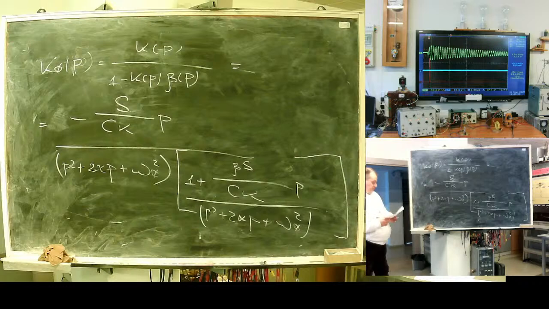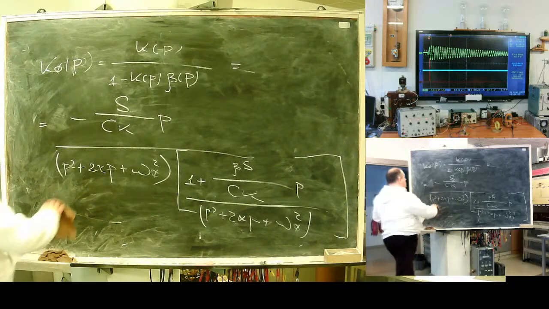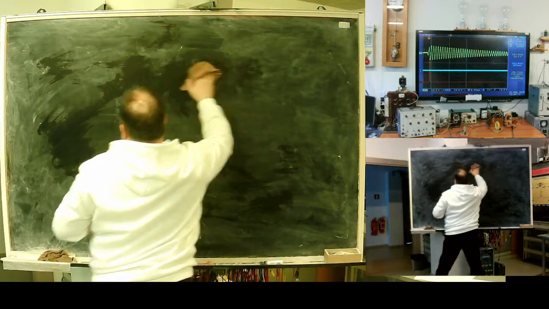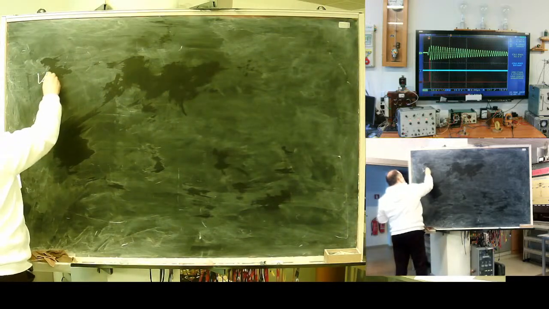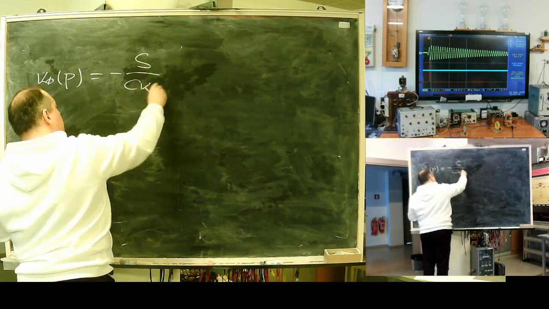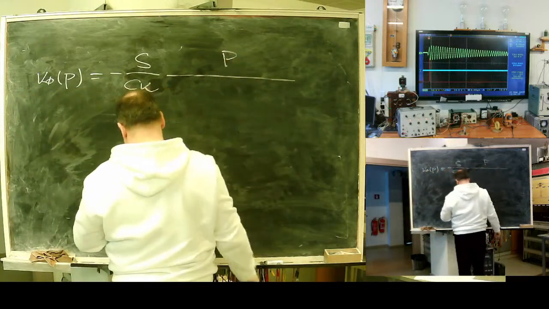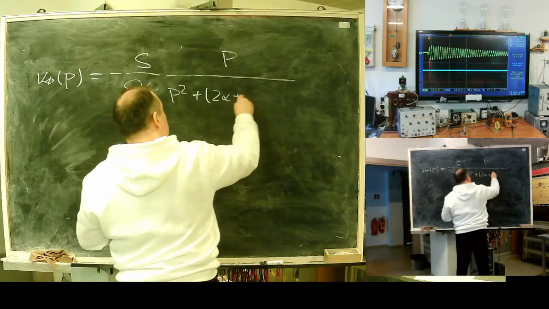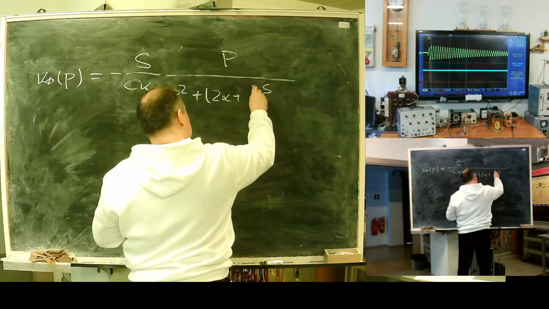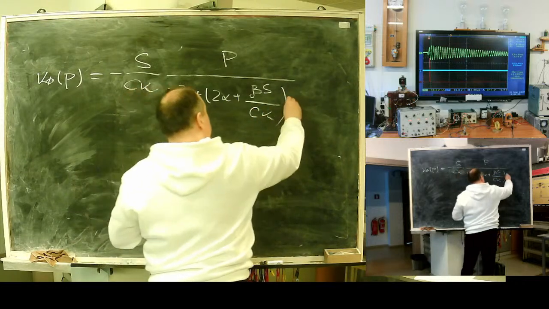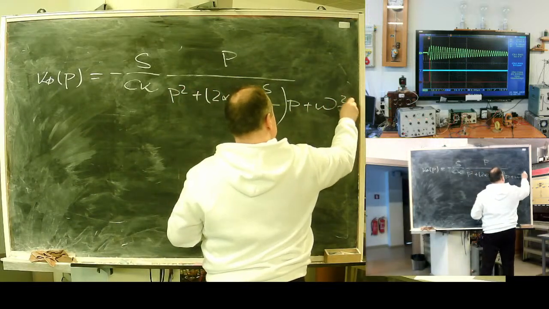Now it should be simplified. With this kind of simplification, my transfer function will be minus s divided by ck, p squared plus double alpha p plus omega 0 squared.